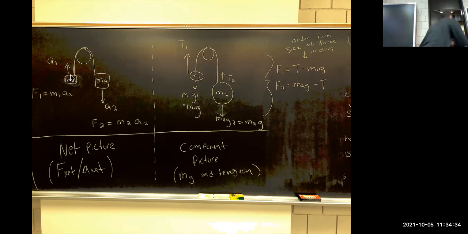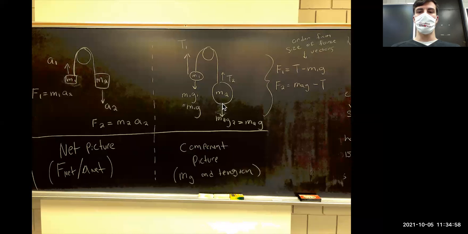The next part is to break things down into what's going on physics-wise underneath, which I'm going to call the component picture. So not what I'm seeing, but what is causing these net accelerations. Here, the direction of the arrows, as well as the size of the arrows, actually matters. Because M2 is bigger than M1, these arrows should be a little bit bigger.